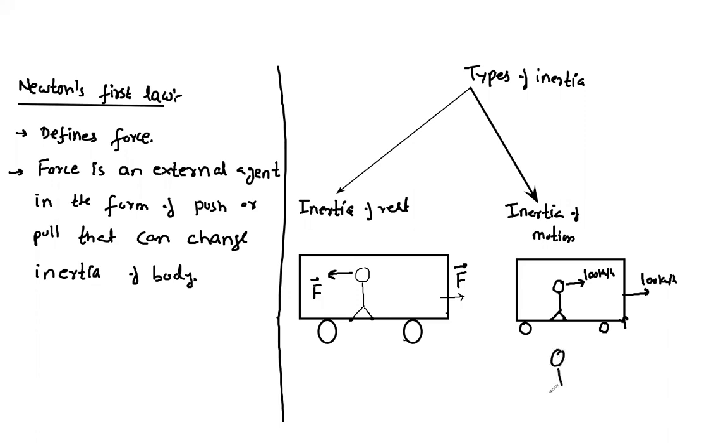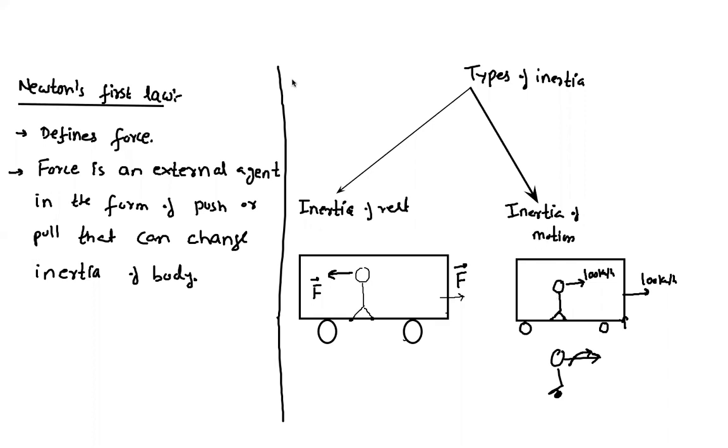The lower part comes at rest, but the upper part tries to move in the same direction, so the upper part will experience a forward push. This is what happens when a car moving with a very high velocity suddenly stops. That's why you have seat belts in the car. So this is an example of inertia of motion.